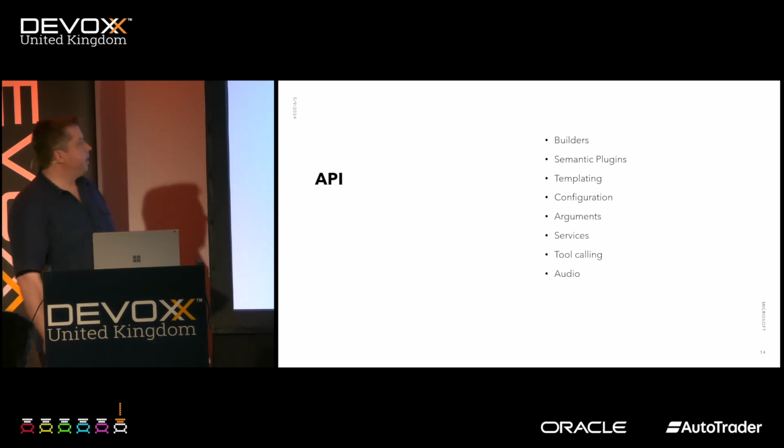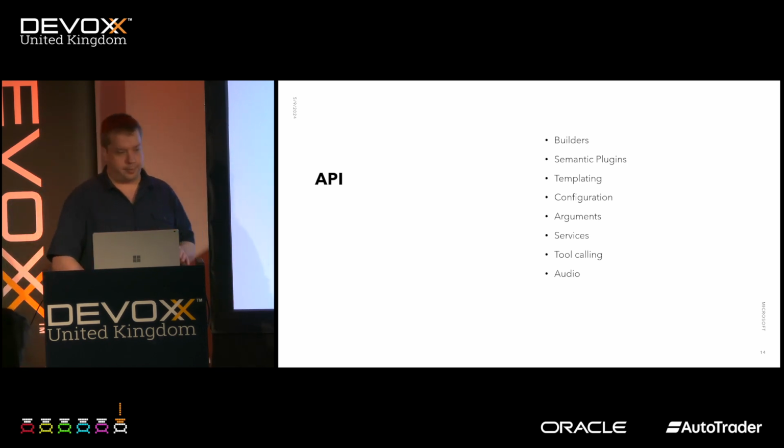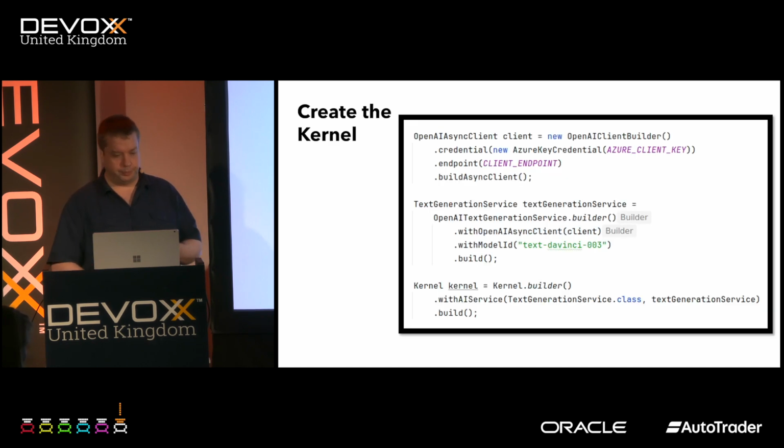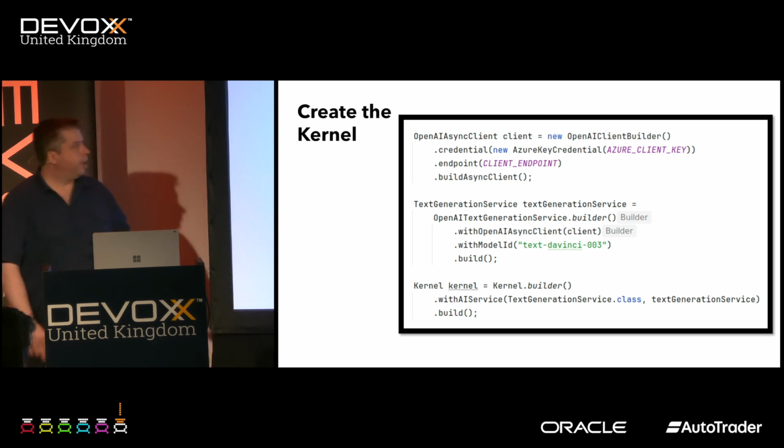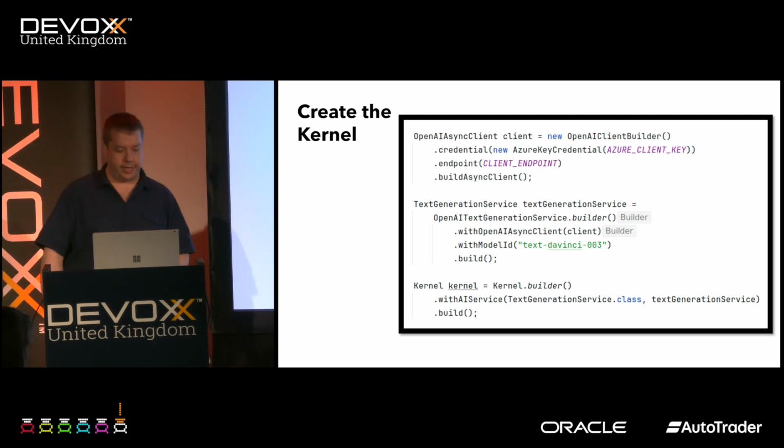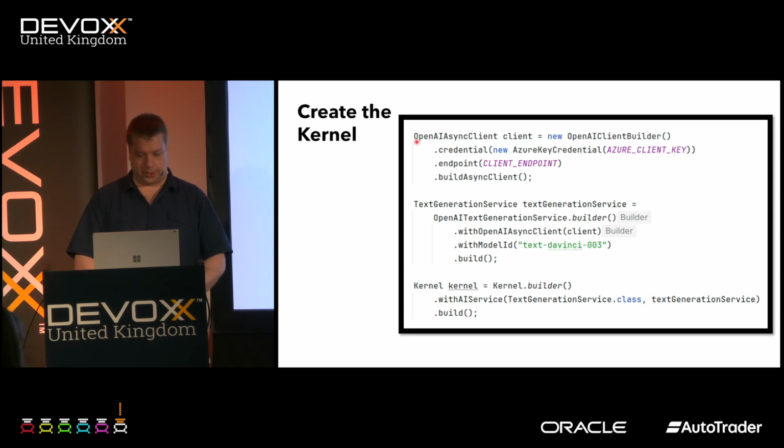So, Semantic Kernel itself, I'll go through some examples of the syntax of how you go about building up these applications. For the OpenAI example, we first need to build up a client that's going to talk to OpenAI, where you set the credentials and the location it's going to talk to.